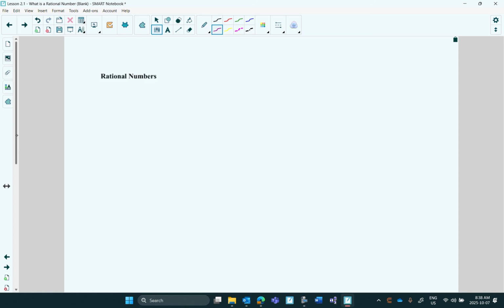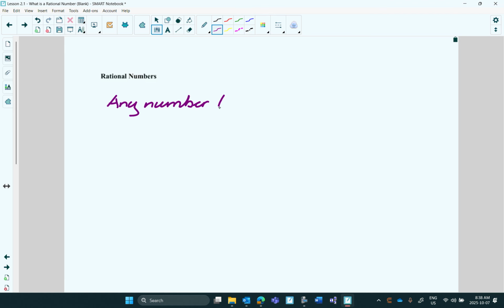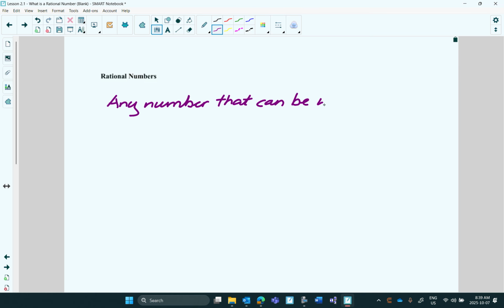All we can write is we can define it to say as any number that can be written as a fraction, with one exception.